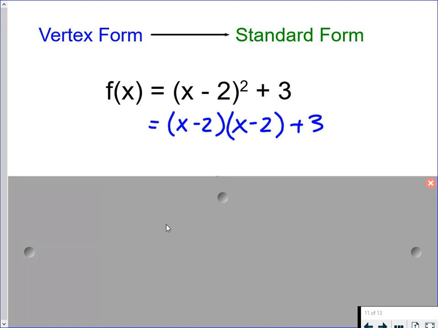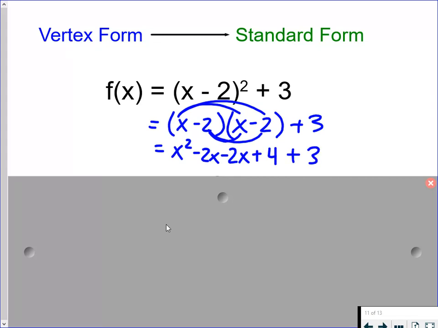Like I said, the good old algebra stuff. All right, so if I multiply my x's together, negative 2x minus 2x plus 4, and then I have my plus 3.